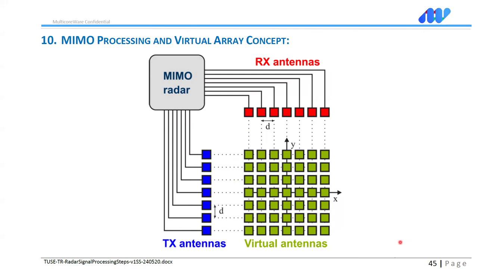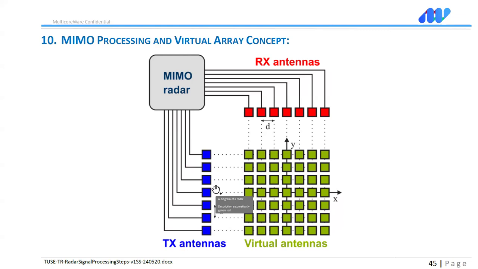What is MIMO? MIMO processing simply works when each transmitter sends a coded signal, which can be differentiated at each of the receiver terminals. So here you have 7 transmitters, each having different codes. So for the first receiver, you can differentiate all 7 of them.